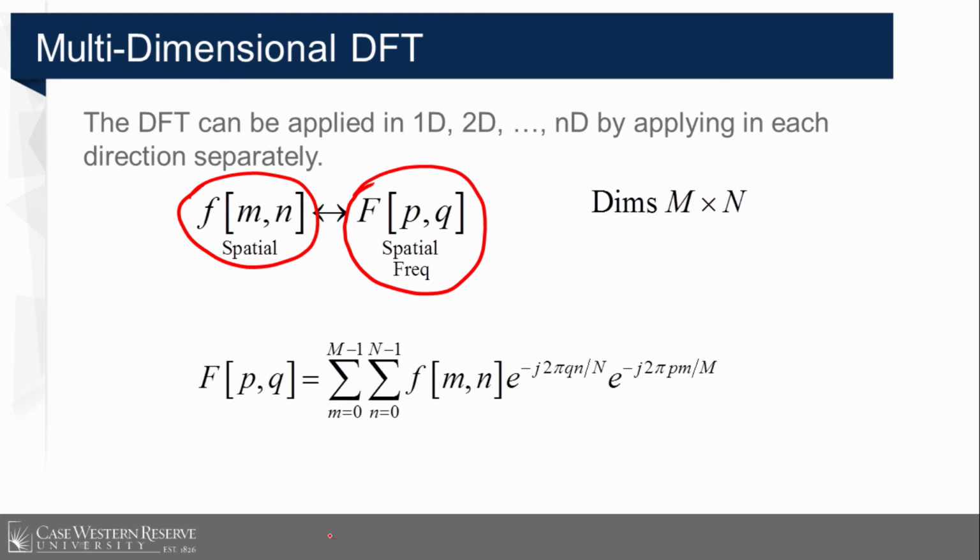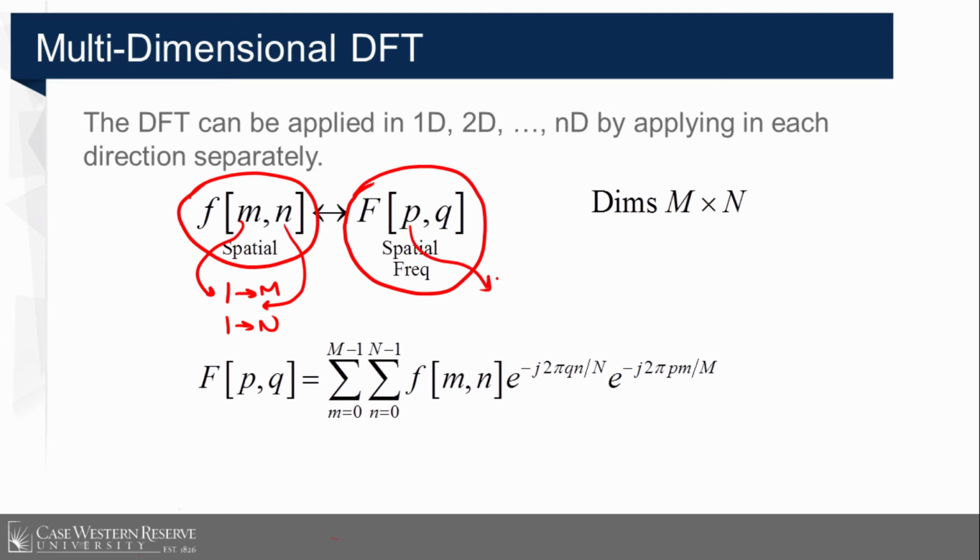So we remember that m here runs from 1 to capital M, and small n runs from 1 to capital N. And when we convert our image into the spatial frequency domain, we have these new indices.